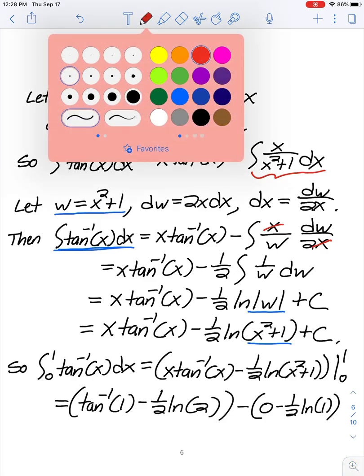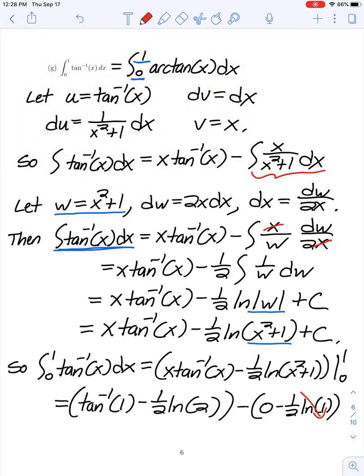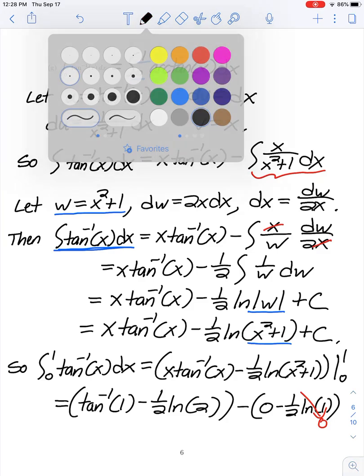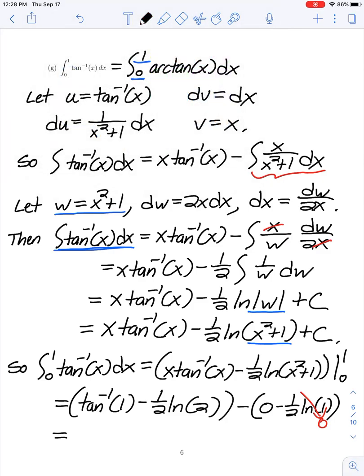Now recall the natural log of 1 is 0. So I'm just left with the first two terms, the arctangent of 1, which is pi over 4, minus half of the natural log of 2.